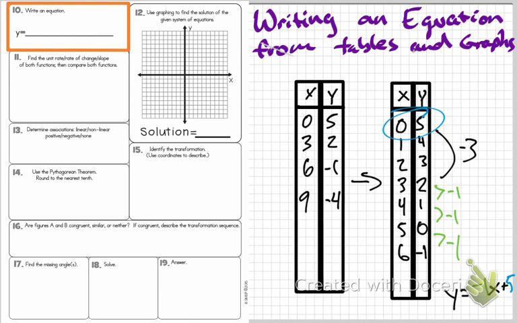Now, a final note: as we continue this year, you may end up with specific points that are given. Maybe you're given 2 or 3 points to graph, or that you could put in the table, and you're asked to find an equation from that. The process is exactly the same. You could grab graph paper and graph it out and work backwards from the graph, or you could build the table and find those missing values that would get you back to a 0 if you weren't given a 0 value.